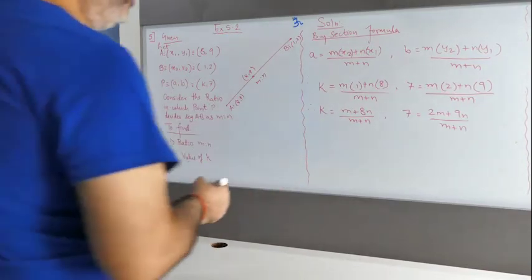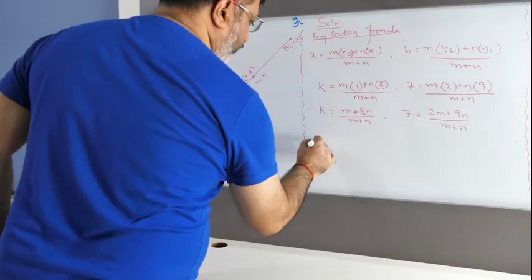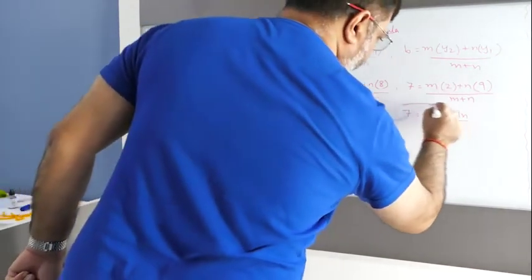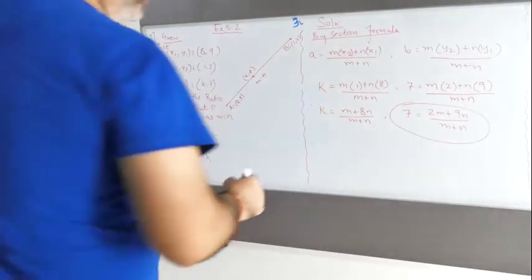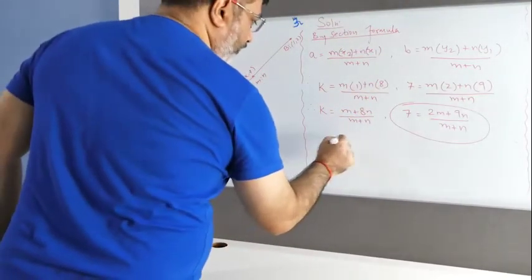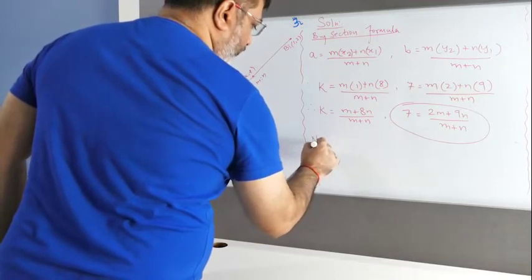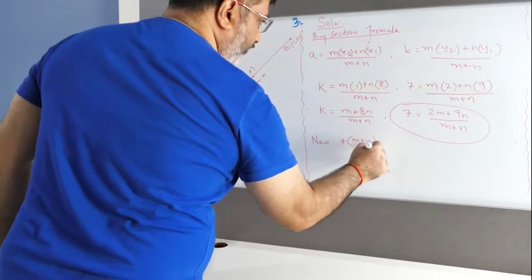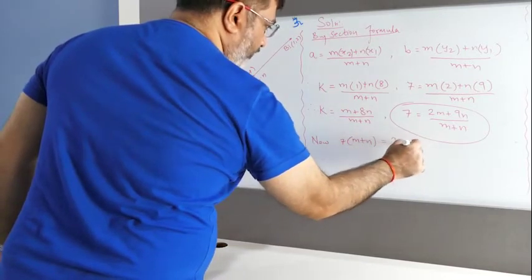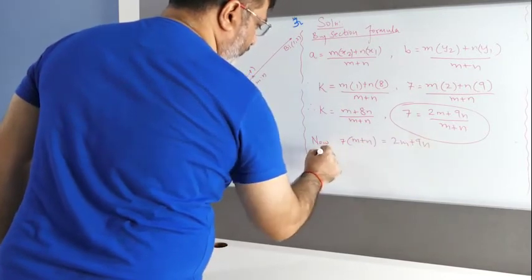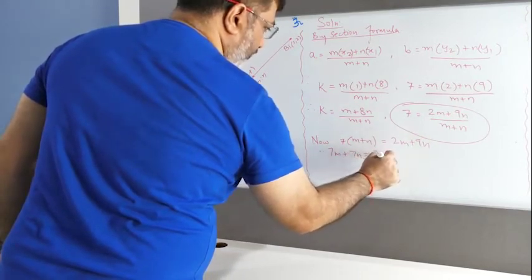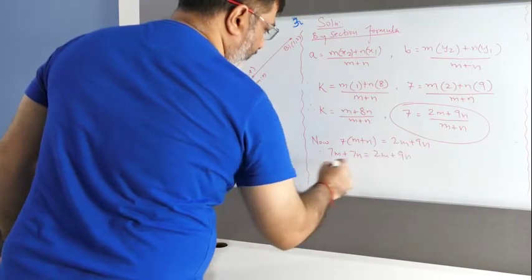Okay. Now we have, therefore, let's first quickly use this and get the value of m is to n. So we will say, 7 into (m plus n) is equal to 2m plus 9n. So 7m plus 7n is equal to 2m plus 9n.